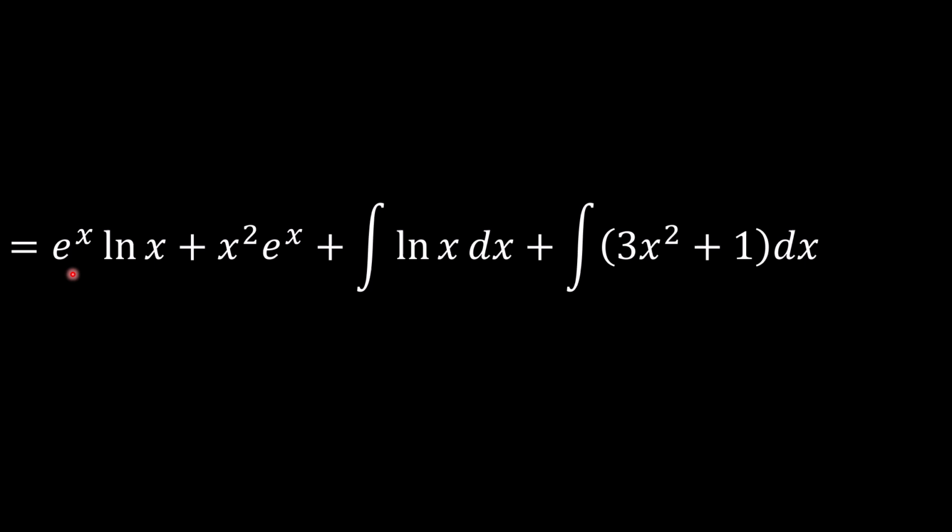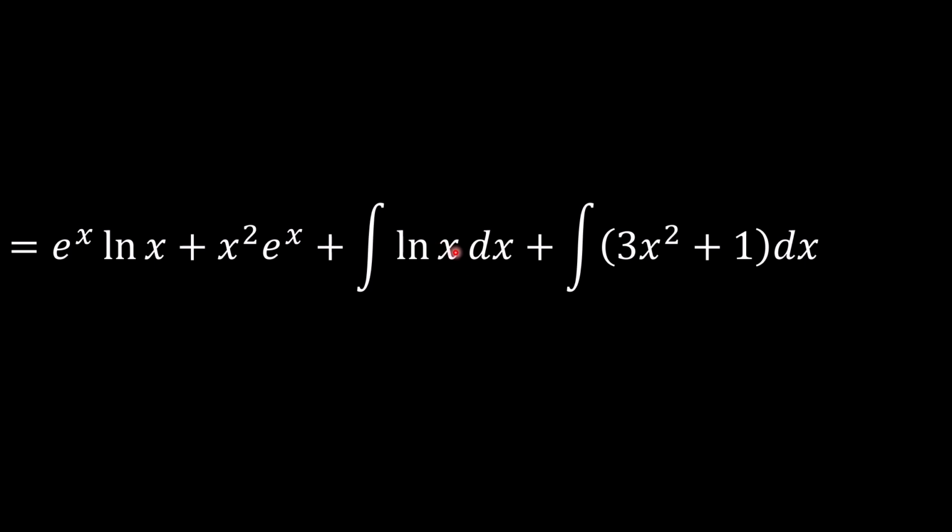So we have e to the power x times the natural logarithm of x plus x squared times e to the power x, plus the integration of natural logarithm of x, plus the integration of 3x squared plus 1.